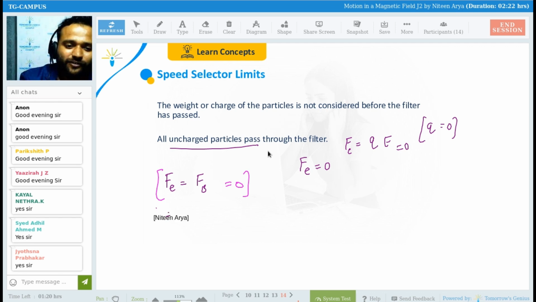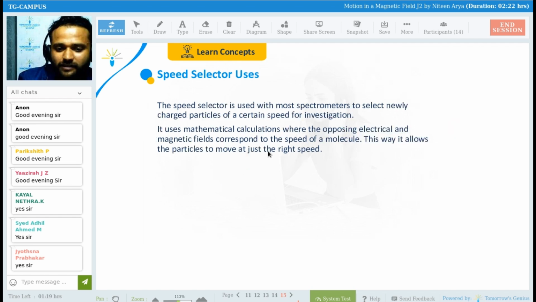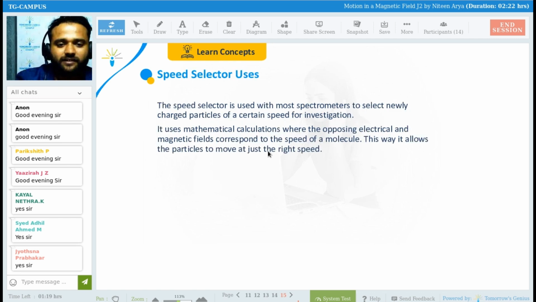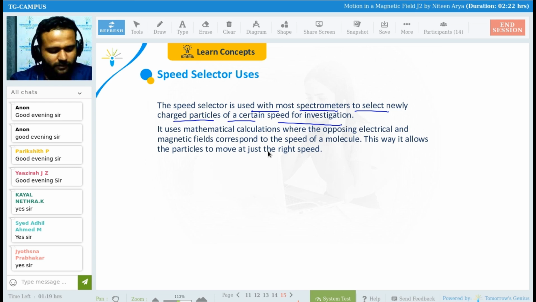Okay. You don't need to worry about this. Speed selector uses. Okay, this is just another piece of information. Let's discuss this. The speed selector is used with most spectrometers to select newly charged particles of a certain speed for investigation. Like I already told you guys why we need this.